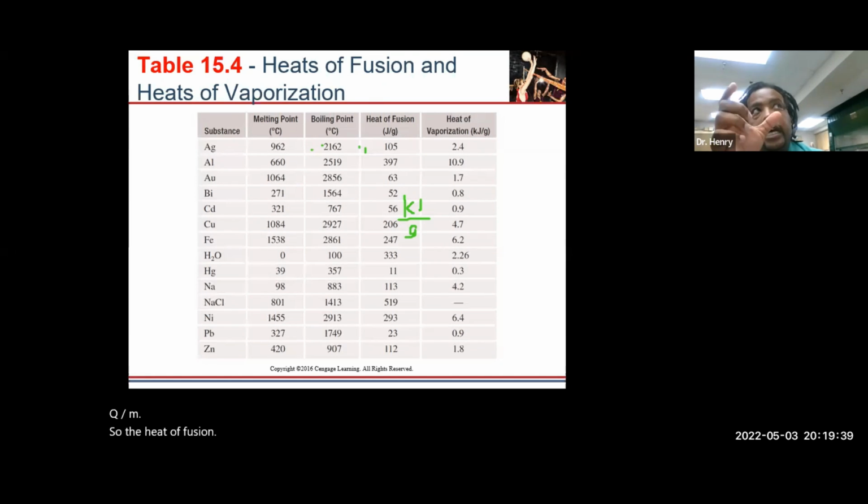Now, the heat of fusion is that part of going from liquid to a solid, what we refer to as freezing, right? So this represents the heat of fusion. This here is the heat of vaporization.